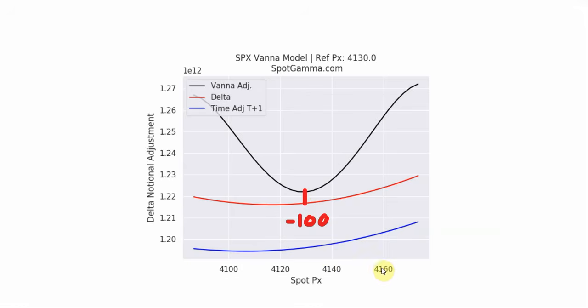In other words, at 4160, if the market goes up 30 points, you can tell that the estimated delta exposure of a market maker moves up a little bit, right? Here they're neutral, and in here they have a little bit more long exposure. So they probably would need to short one more future, and that would bring them back to delta neutral, because remember, this is delta neutral. Conversely, if the market was to go down, you can see that, well, down around 4,100, it's still pretty flat. They may not have very much to do, not much of a hedge adjustment to make.